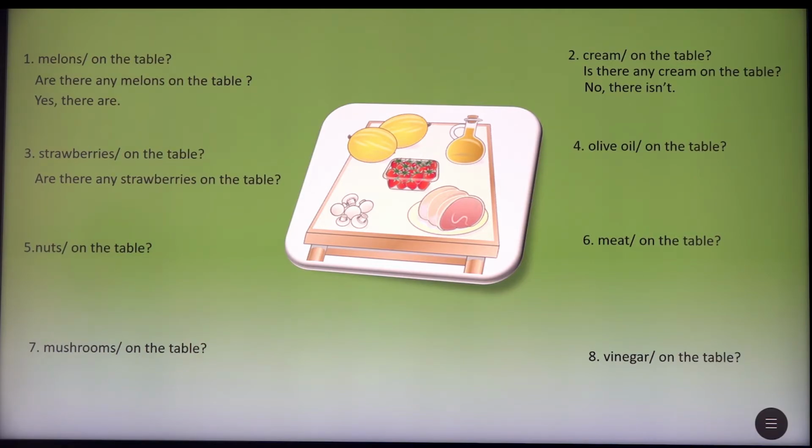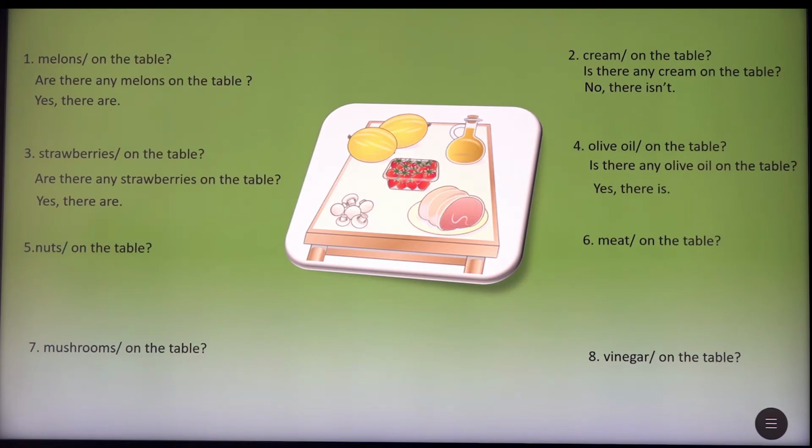And the answer is, yes, there are. Next one is olive oil, the fourth. How would you ask a question using olive oil? Is there any olive oil on the table? The answer is, yes, there is.